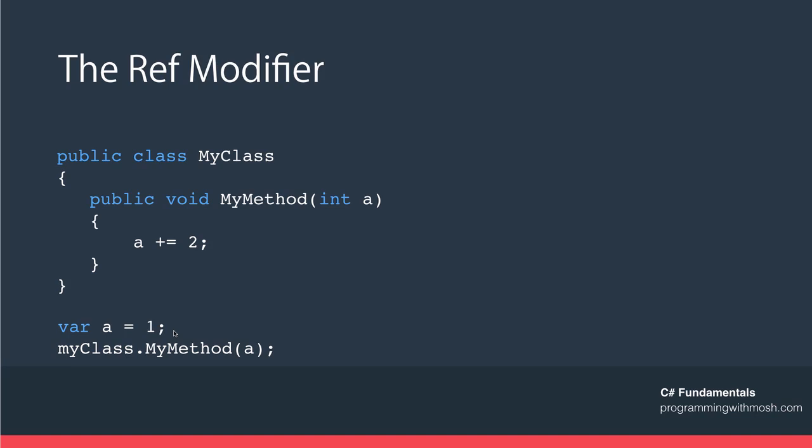Is it going to be 3? No, it's going to be 1, because a is a value type. And that means when we pass a to a method like the one you see here, its value is being copied. So the int a that we have here is a local copy of a that will be relevant to this method here. It will not affect the original a that we had here.